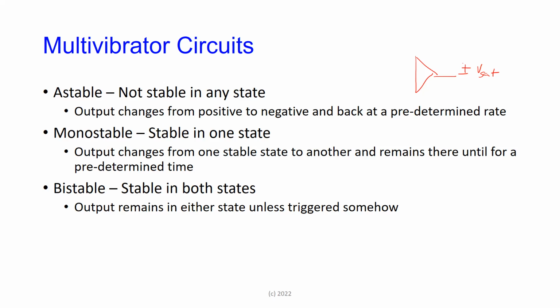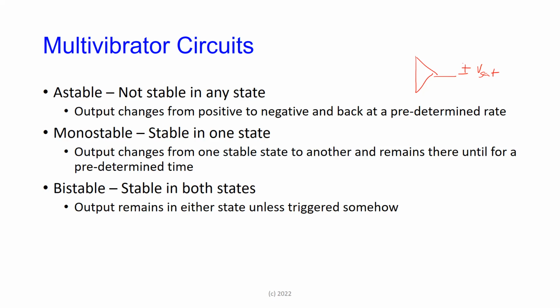The monostable is stable in one state, the mono part. Mono, single, so it's stable in one state. So it stays in a particular state and will stay so forever, or unless you turn off the power. And if you do something to it, it will enter another state and stay there for a short while and then come back. So meaning it will sit in, for instance, minus VSAT or plus VSAT, and it will stay there indefinitely.